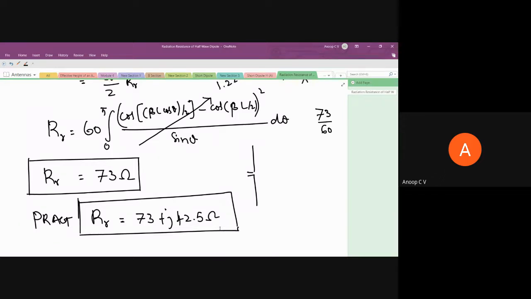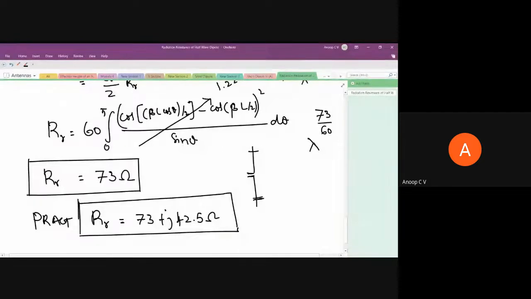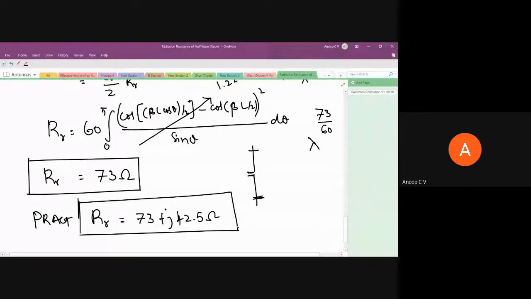So what we will do is reduce the length of the antenna. If the operating wavelength is lambda, and you want a practical lambda by 2 antenna, the length of the practical lambda by 2 antenna will be slightly less than the actual lambda by 2, a few percent less.